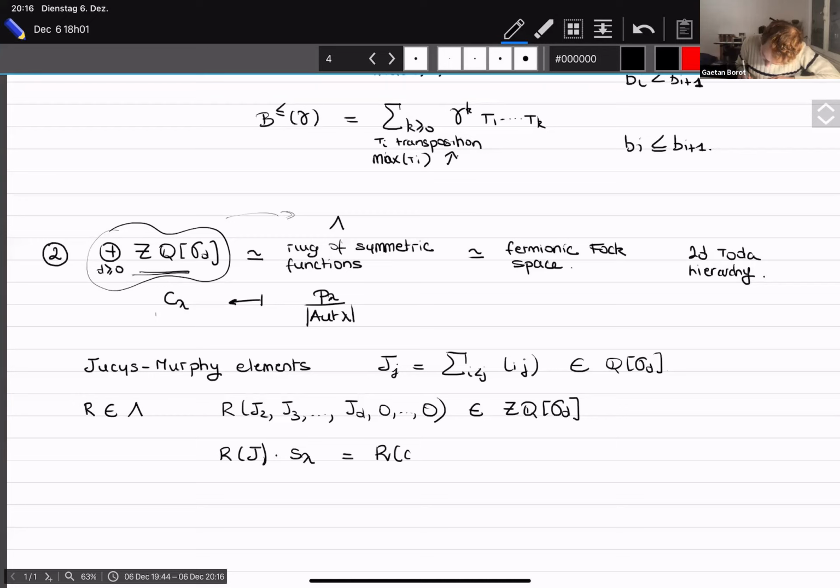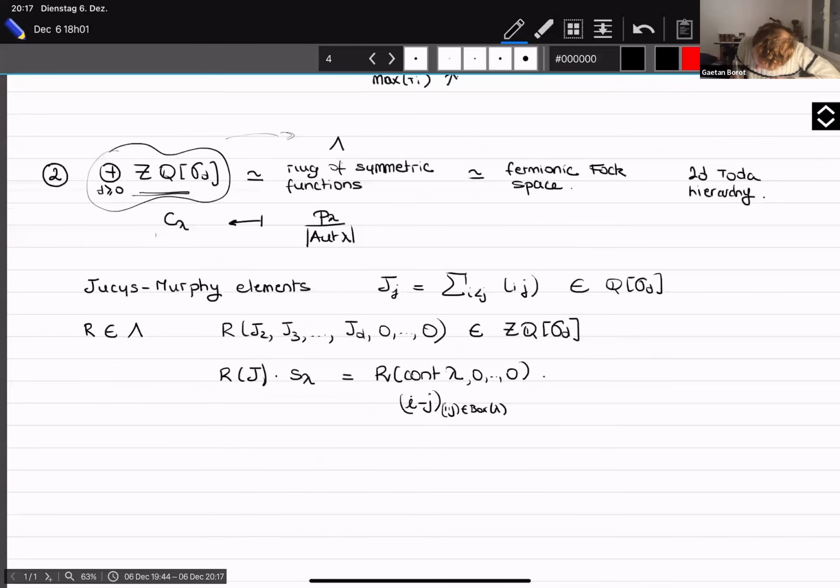And here you see the polynomial R applied to the contents of lambda. So you have a Young diagram, there's a row and a column position, and the set of all i minus j for a box in lambda. And that's the eigenvalue.